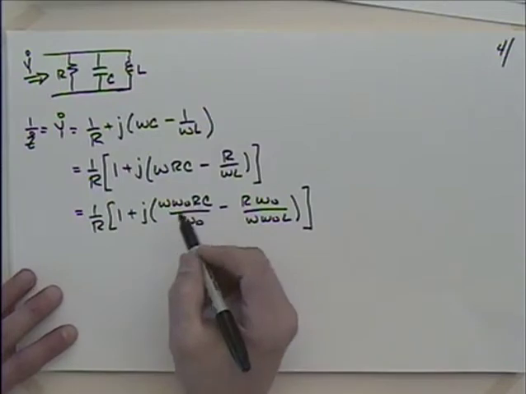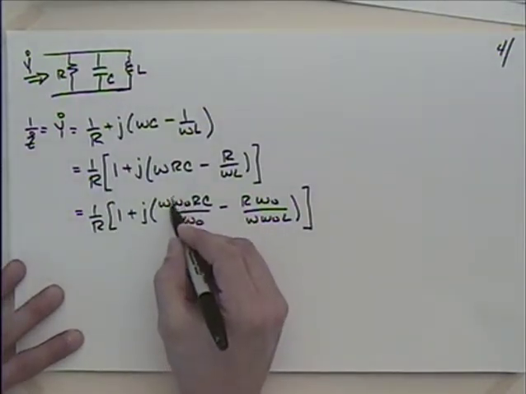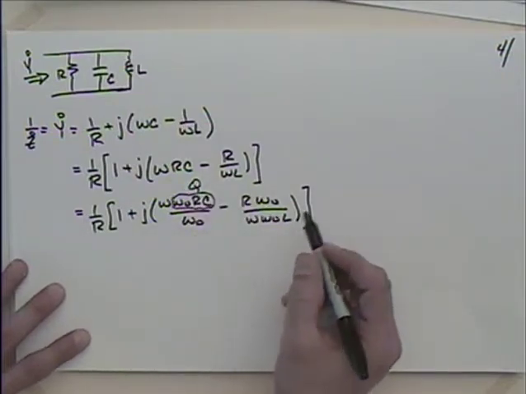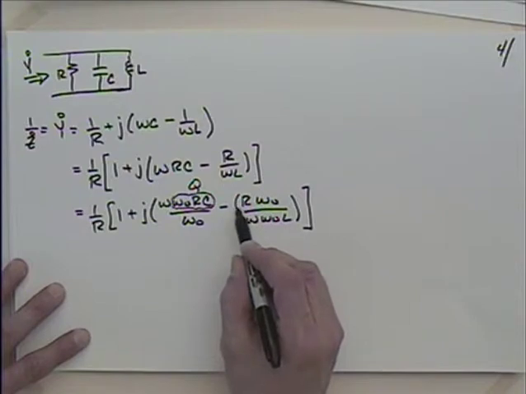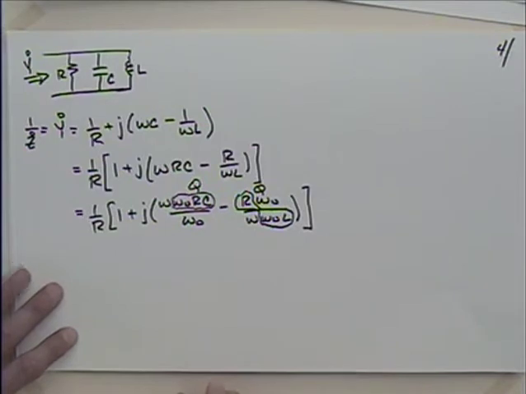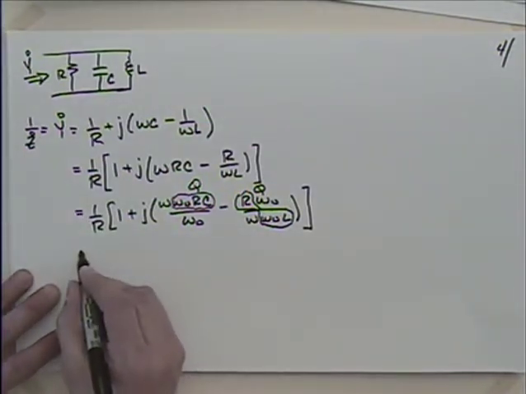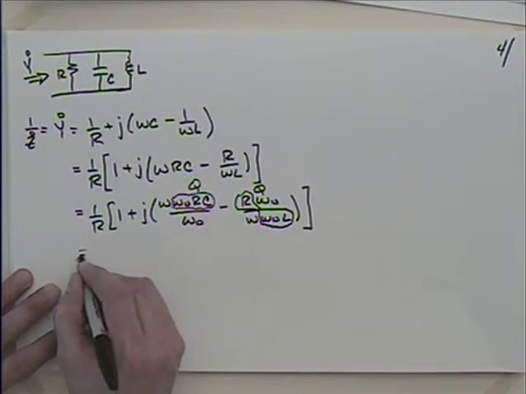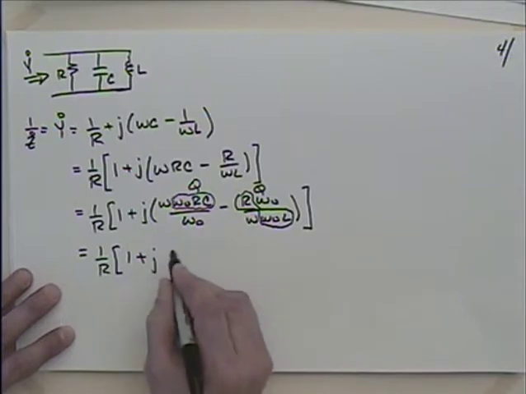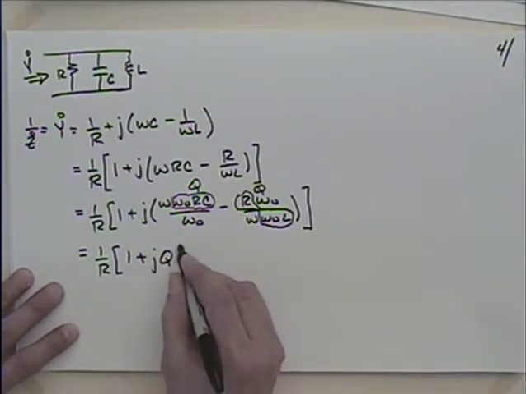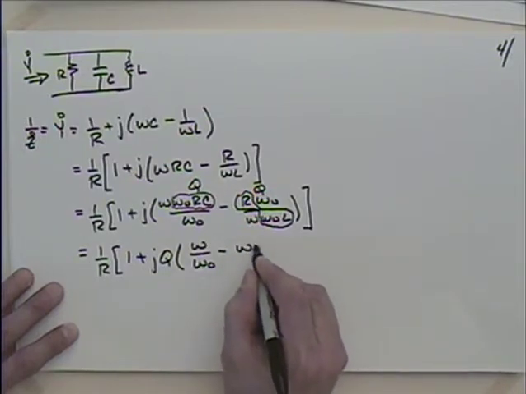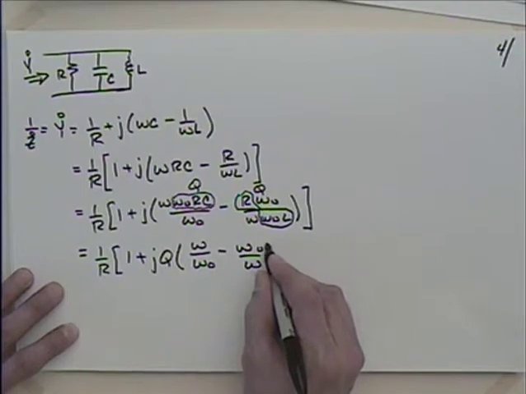But the reason for doing this is that now I can group up this omega naught RC. That has a special name, we call that Q. And this R over omega naught L, what do you call that? Q also. So I can factor a Q out and say that I have 1 over R times 1 plus J Q, omega over omega naught minus omega naught over omega. That looks interesting.